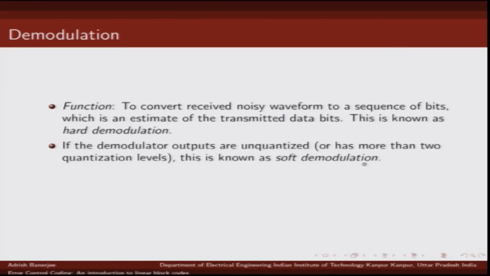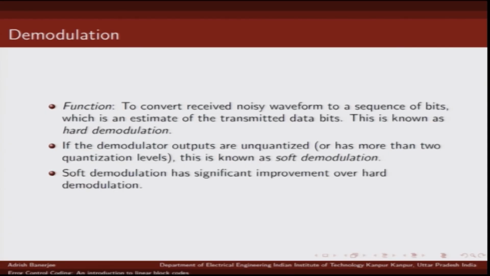So, in soft demodulation we would not just map 0.01 to 0, we will say it is 0 with probability 0.51 or 1 with probability 0.49, just as an example. So, we lose some information when we go for hard demodulation.